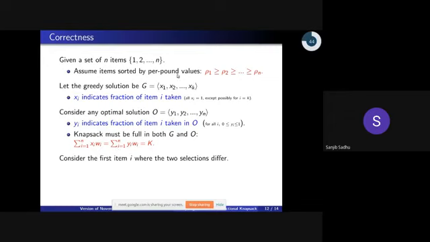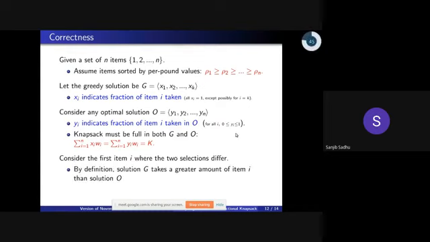Now you are saying this is the optimal and this is, in our case, the greedy. I am assuming these two series will differ at some index. So suppose the first item i where the two selections differ.